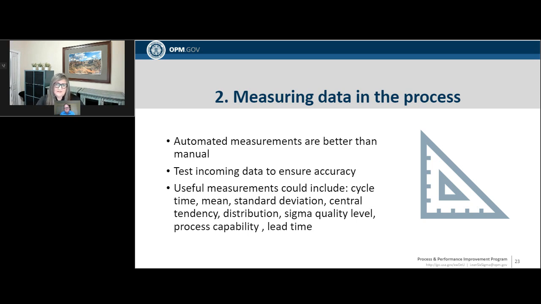Then we also really need to ensure that the data is accurate. Whether that be through an automated system as we're bringing it in, or through individuals doing the data entry, we need to test various points throughout the data and ensure that we are, in fact, seeing what we would expect to see.